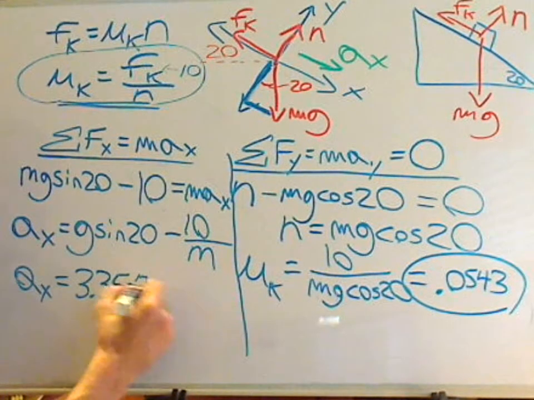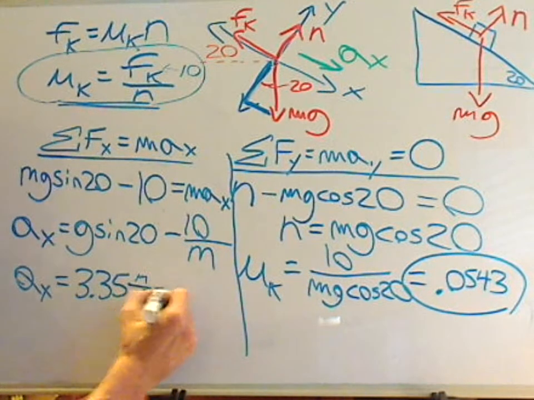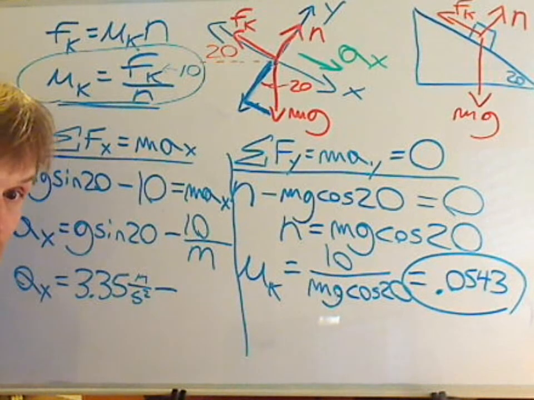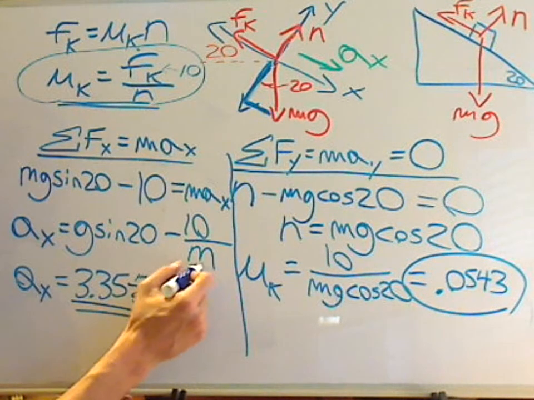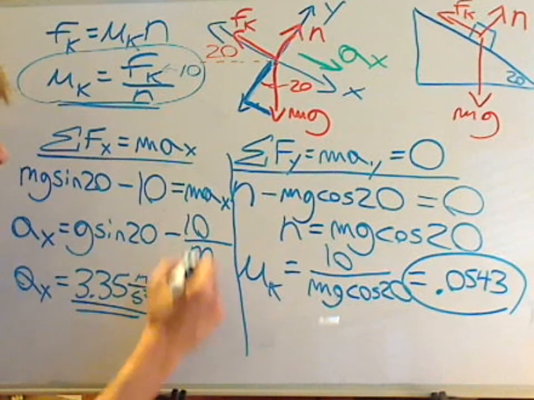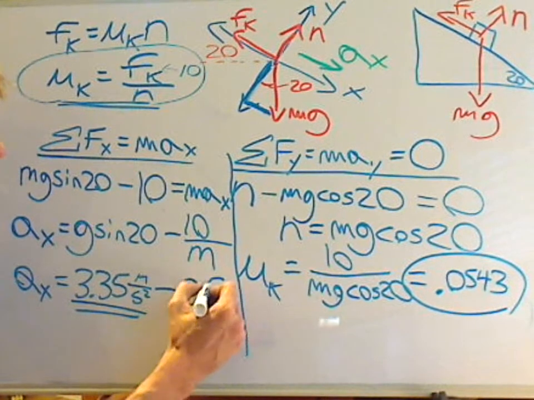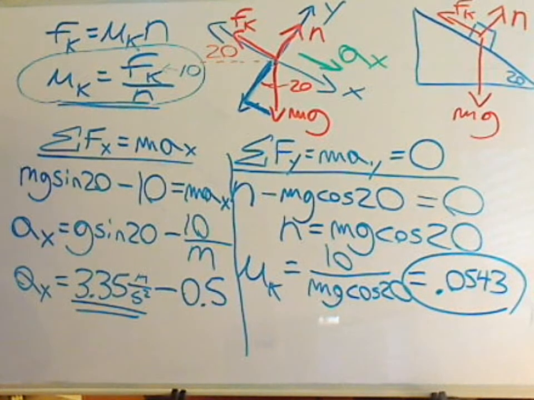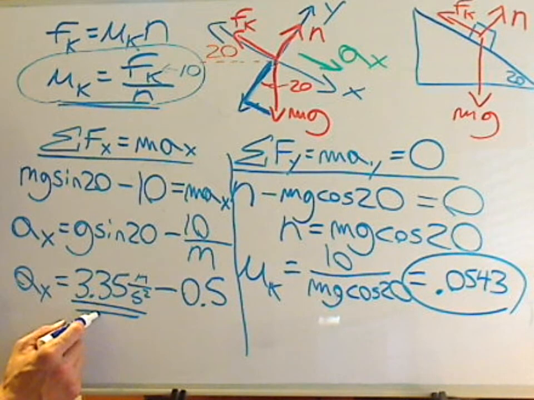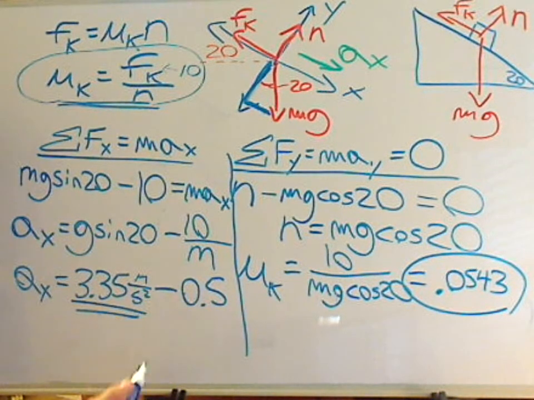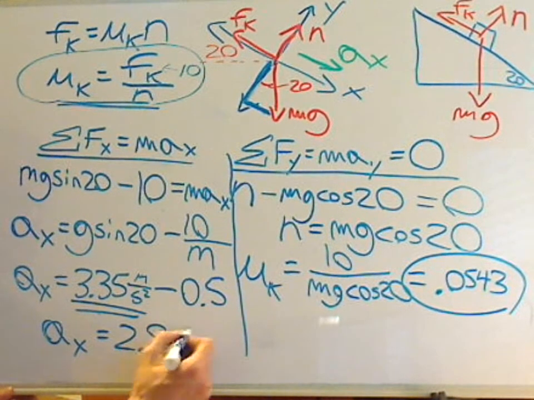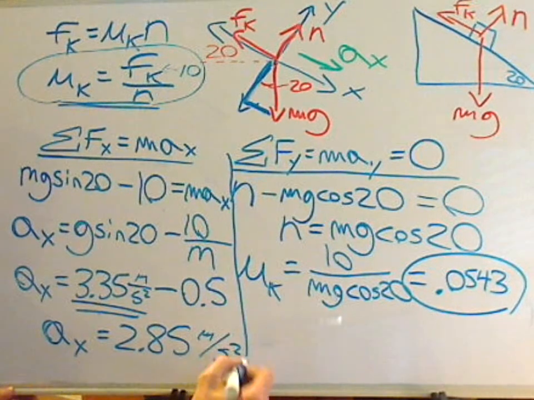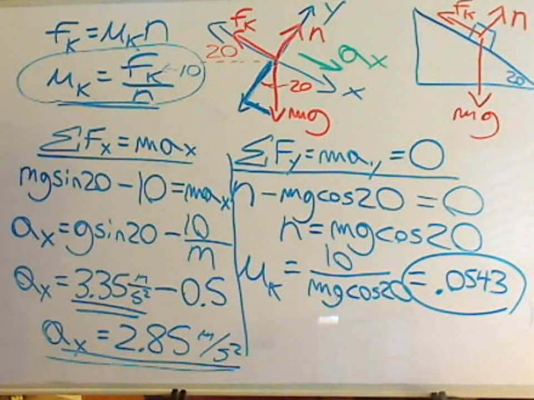If you recall, that's the answer we got in our original frictionless situation. But then we subtract 10 divided by our mass of 20, which is 0.5 meters per second squared. Because of friction, your acceleration is a little bit lower, and it's 2.85 meters per second squared. So that's how to find the acceleration.